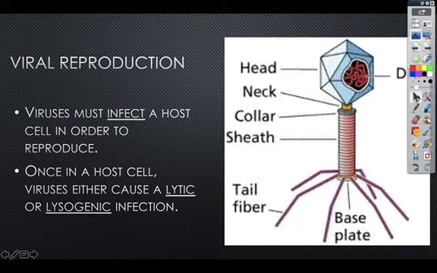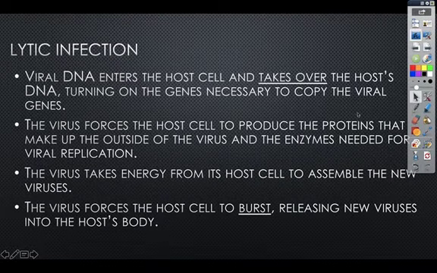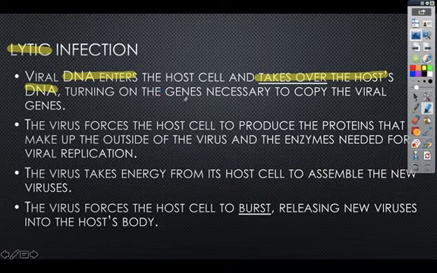Okay, so let's talk a little bit about the different types of infection. A lytic infection, okay, this is when the viral DNA is going to enter the host cell and it immediately takes over. So the DNA enters and then takes over the host DNA. And then it turns on the genes that make it necessary to copy the viral genes.